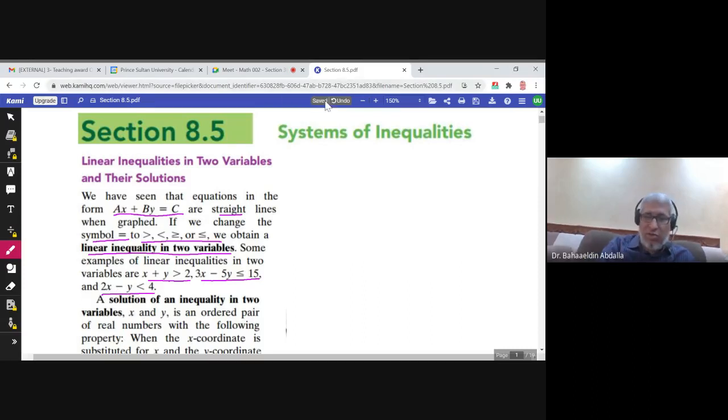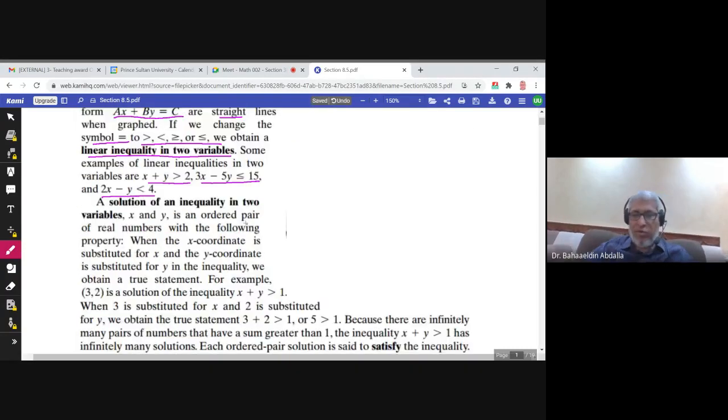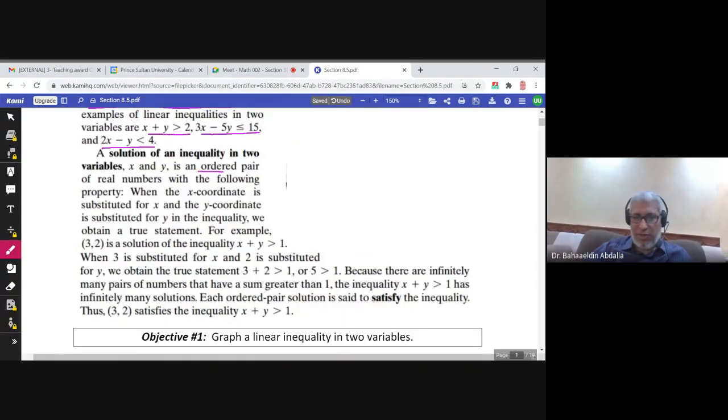A solution of this inequality would be an ordered pair. An ordered pair x and y would be a solution of this inequality if it satisfies the inequality. If you replace the x and y coordinates of the ordered pair in the inequality, and it makes the inequality a true statement, then the ordered pair is a solution.